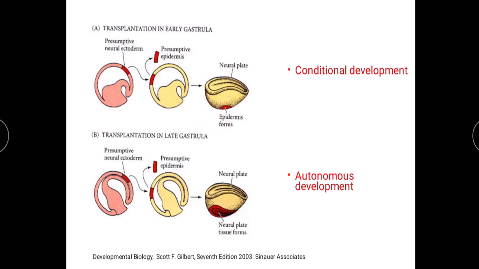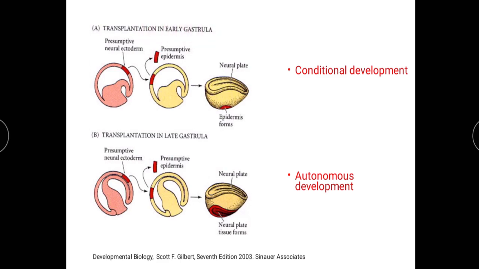So the early gastrula cells are not yet committed, which means their fate is not fixed and it can be changed. That is called conditional specification or conditional development. It can be changed, and all these things are happening during the early gastrula.